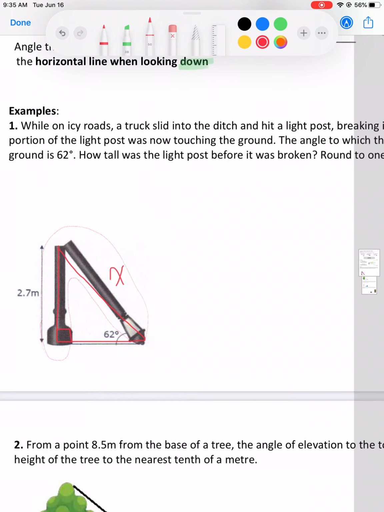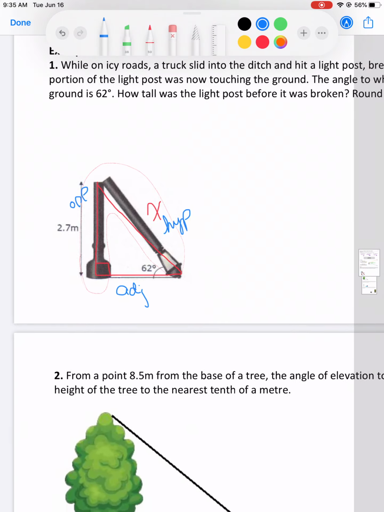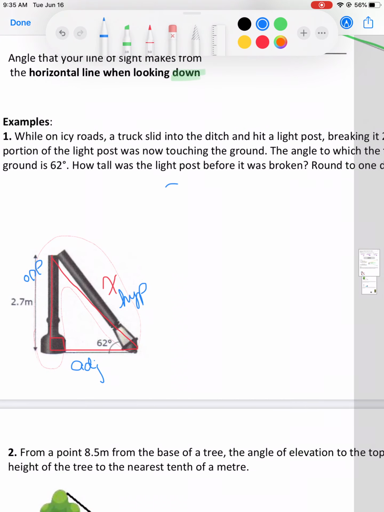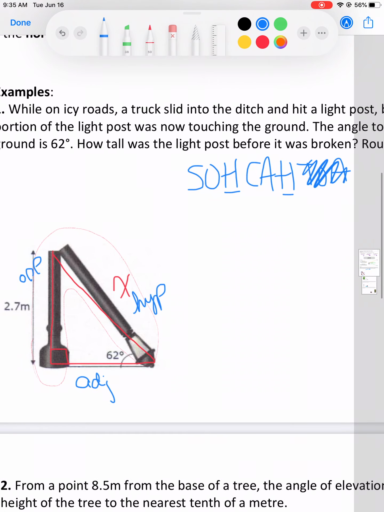Let's figure out what we have. Let's label. We have our angle, so this is adjacent, this is opposite, and this is hypotenuse. With SOHCAHTOA, I need to solve for my hypotenuse, so tan is gone. We have our opposite, so we're going to use sine.